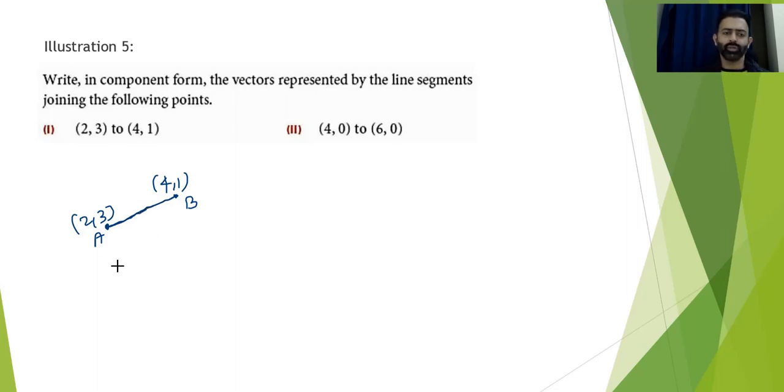I am calling it vector AB, so it will be the position vector of OB minus the position vector of OA, B minus A. So first we have to write the x coordinate. 4 minus 2 is 2. In component form we write 2 i cap, and 1 minus 3 is minus 2.